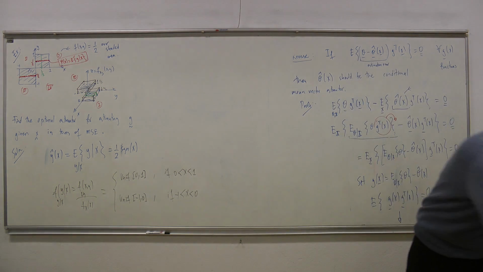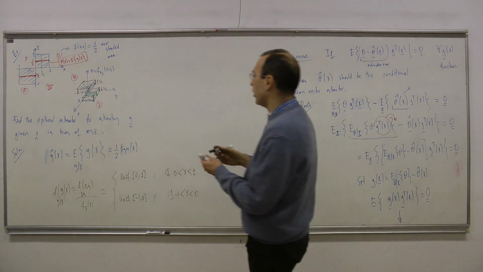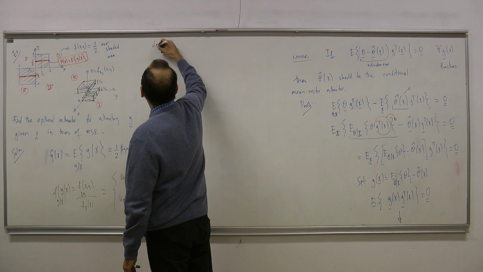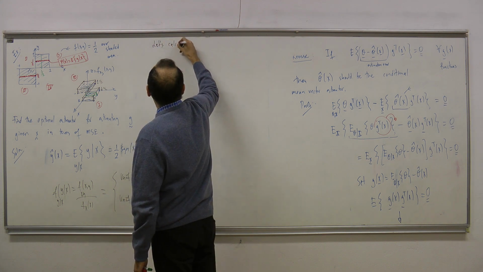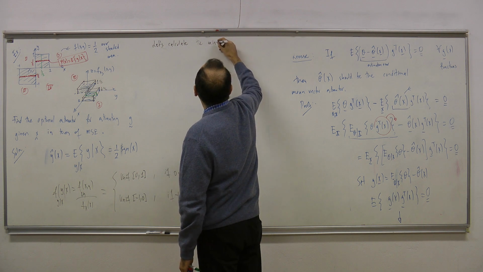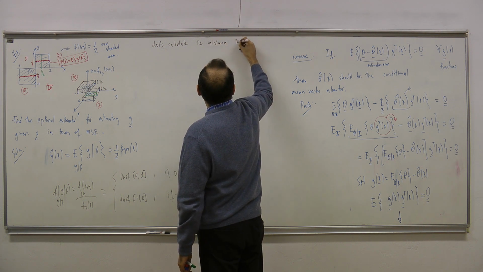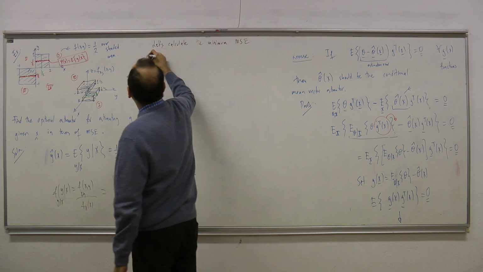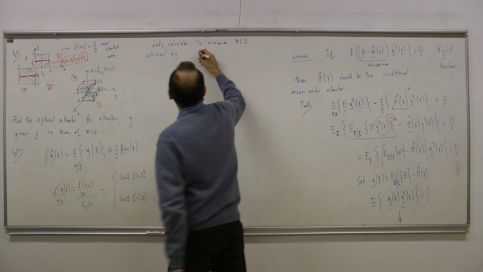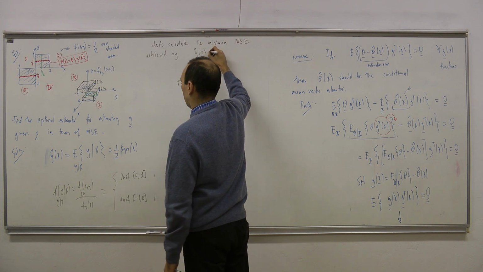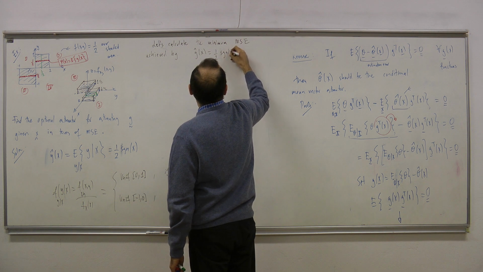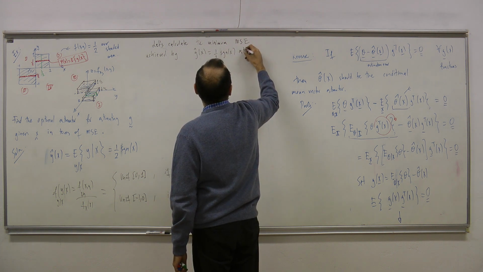So let's try to calculate the mean square error. Let's also calculate the minimum MSE achieved by this 1/2 sine x estimator.